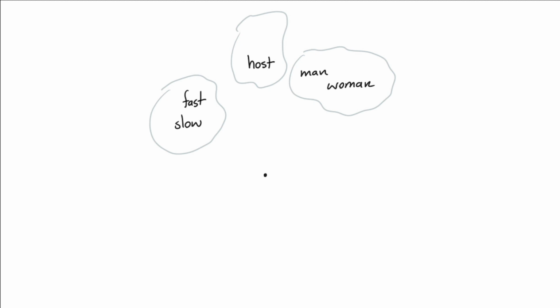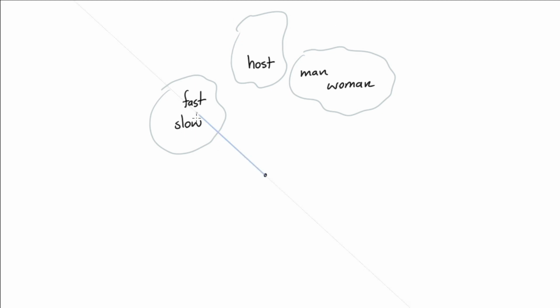Now, this is a somewhat big simplification because I'm just drawing this out in 2 dimensions, but just to get a feel of what might be happening, let's say that we have a cluster over here where we have host and hostess and professions. I can imagine that such a cluster is somewhat closer to man and woman than maybe fast and slow. But let's see what happens if I add and subtract some vectors.